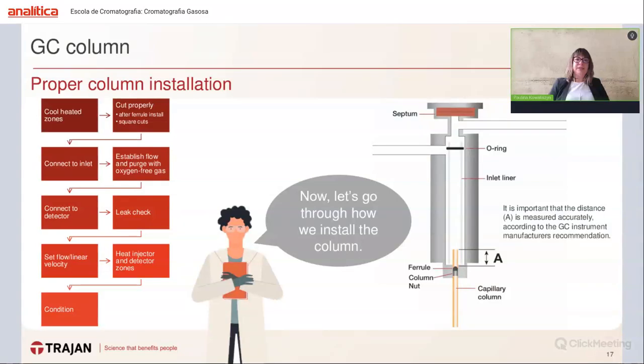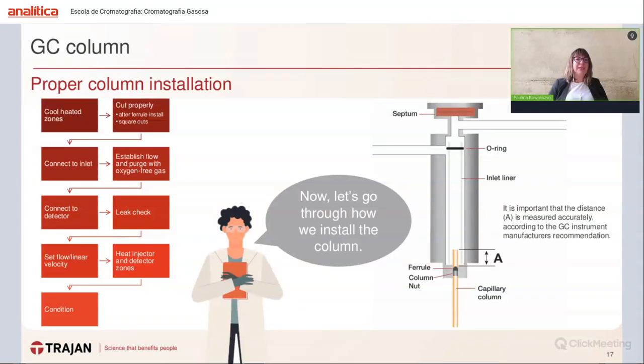Here is the distance A. It is very important to measure accurately the distance from the ferrule to the tip of the column to position our column correctly in our GC instrument. Different GC manufacturers will provide their recommendation, so we should always stick to the recommendation.